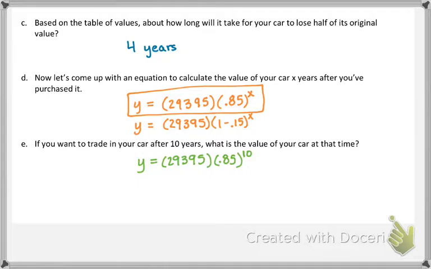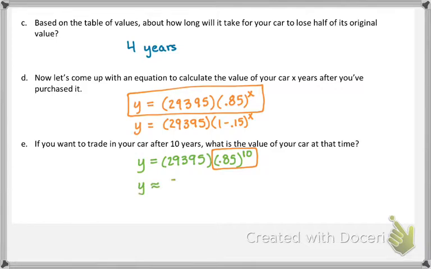Remember, order of operations, you do exponents first before multiplication. So you could either type it in all at once as long as you put the parentheses in the right place, or you do 0.85, raise that to the 10th power first, and then times 29,395.